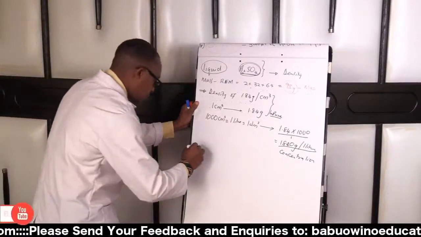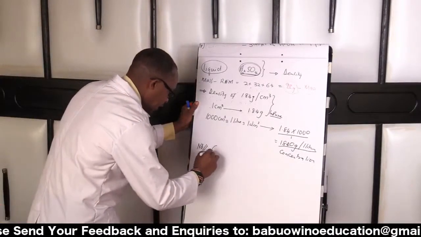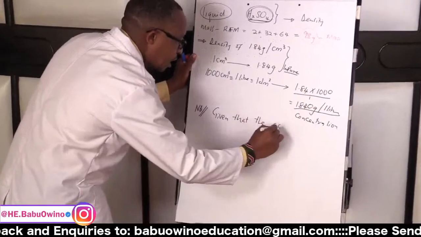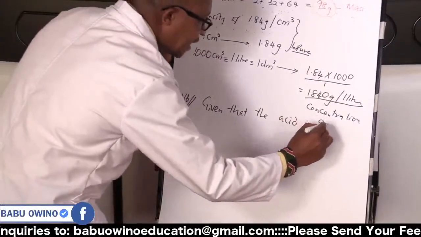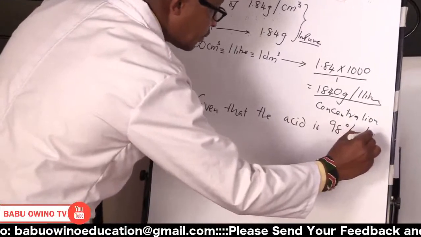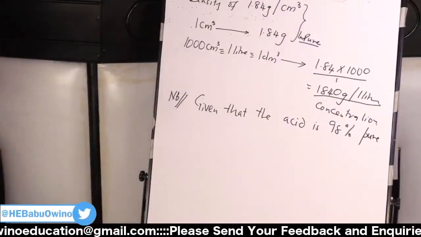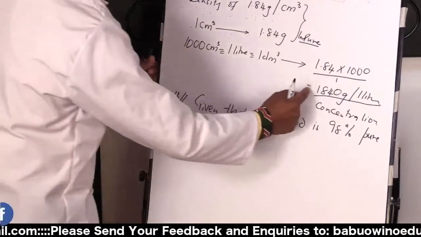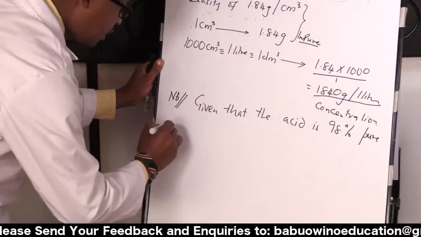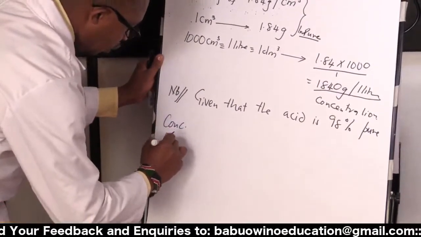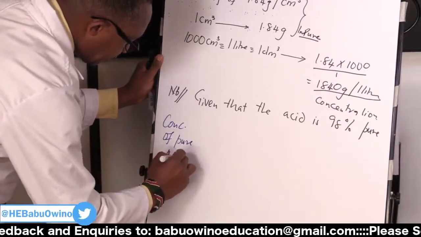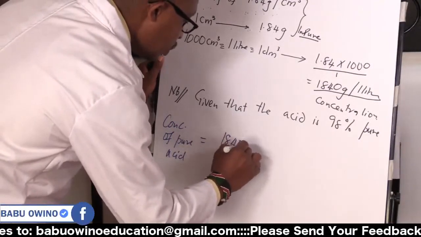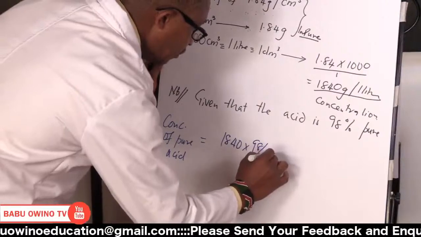Note that the acid is 98% pure. If the acid is 98% pure, that gives me an opportunity to say that the concentration of pure acid will be 1840 multiplied by 98% of that.